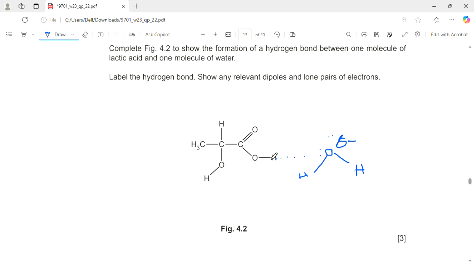Here, you know, it should be positive, and there should be a negative. These are the hydrogen bonds.